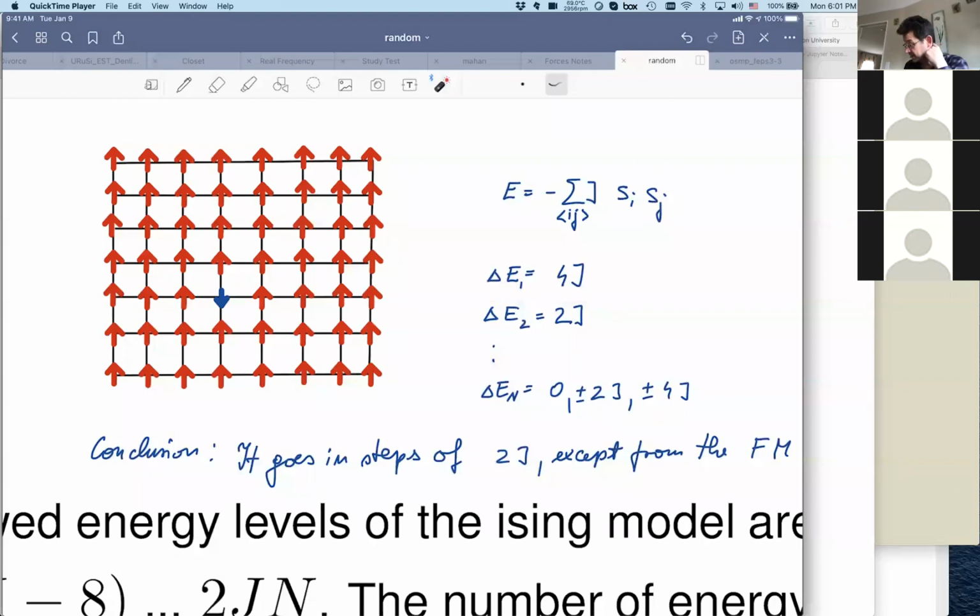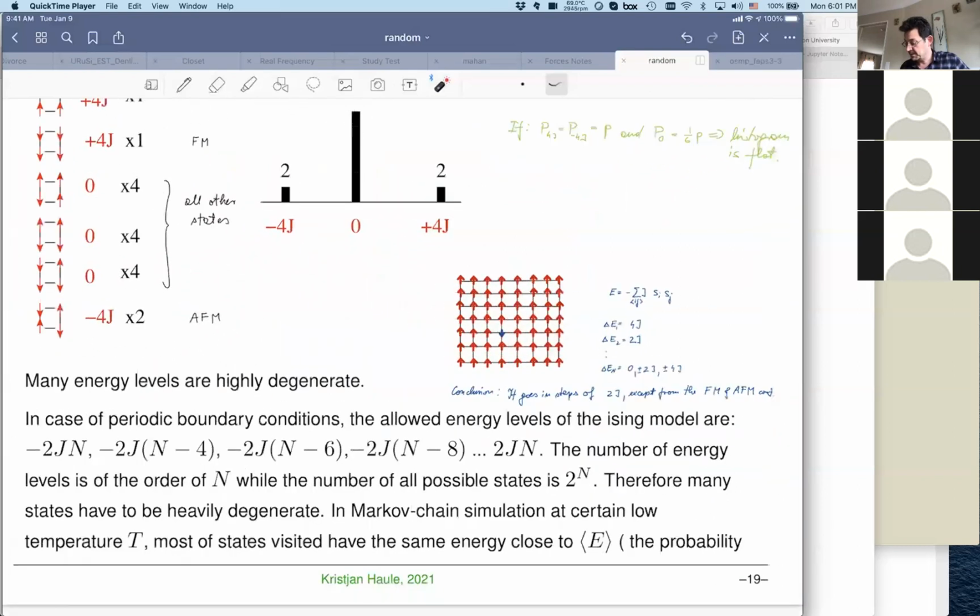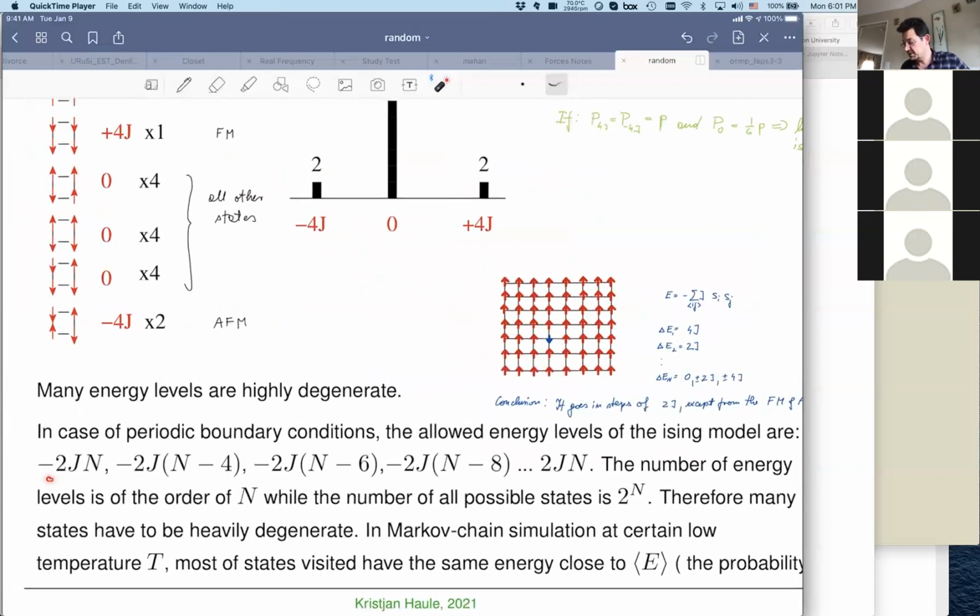Why? When all the spins point in the same direction and we try to flip the first spin out of the ground state, we always need to pay the price of 4J. Afterwards, when one spin is already flipped, we could pay the smaller price 2J, and later also the price 0, which basically means that we have large degeneracy.